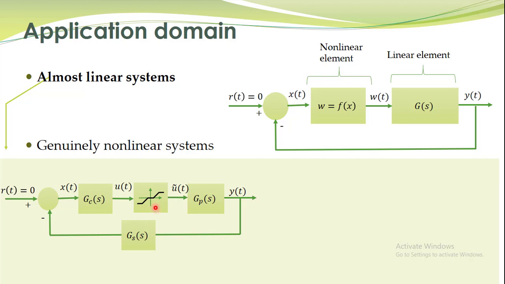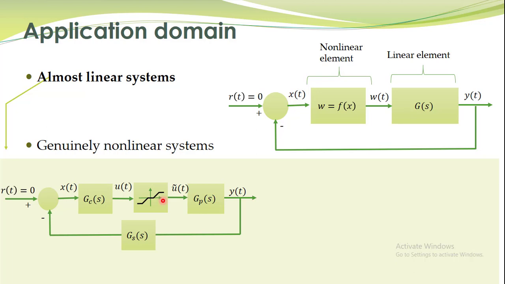This is the most frequently encountered nonlinearity, that is dead zone and saturation. Saturation is always there in real actuators, and in many actuators we also have dead zone. So this is the most commonly encountered nonlinearity in many physical systems.